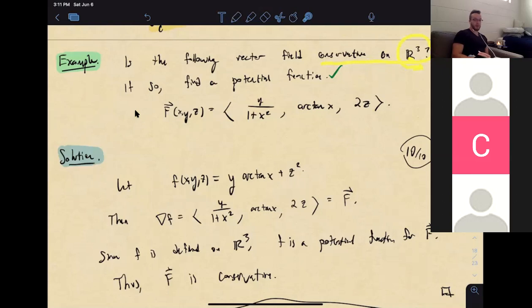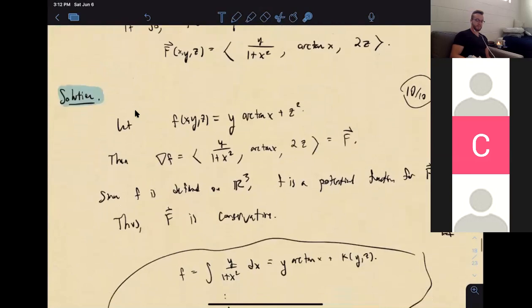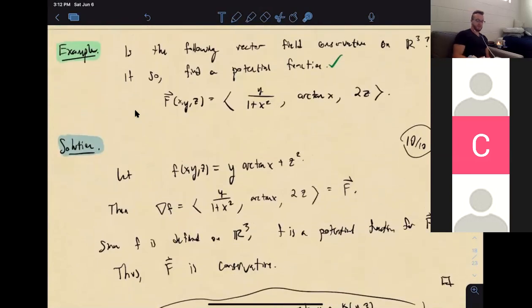What we're looking for is a potential function defined on R3. If you were only able to find one defined on, say, half of R3, that would be a potential function for half of R3, but not on all of R3. That's correct. Any other questions about that one?